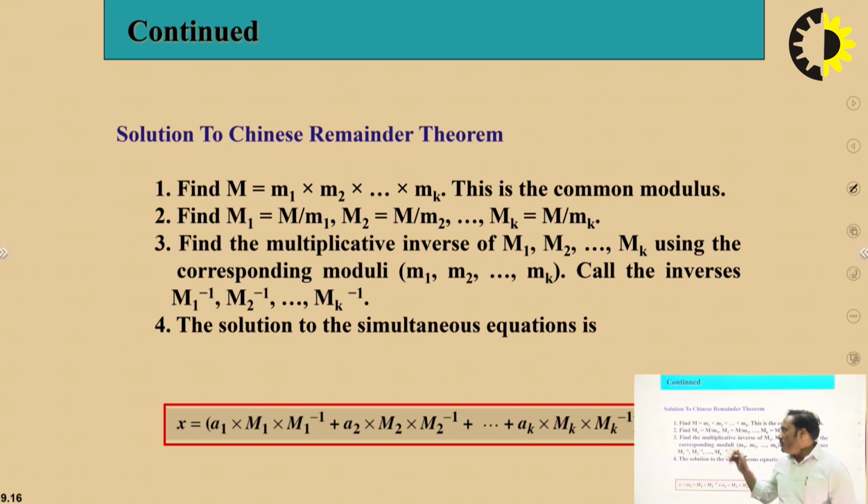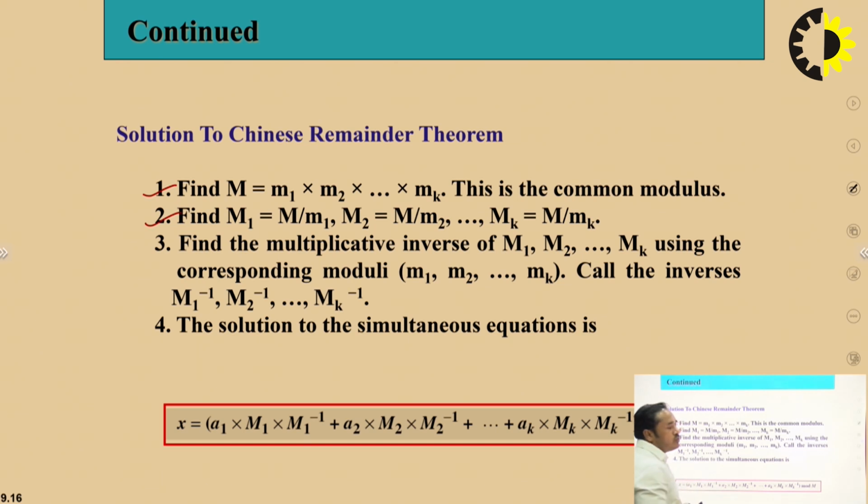By using point 1, we are going to solve for the value of m: m equals m1 times m2 times up to mk. This is the common modulus, obtained by multiplying all the moduli m1, m2, m3 up to mk. Now in the second part, we are going to calculate the value of m1.